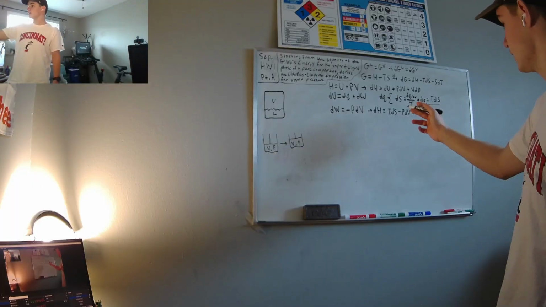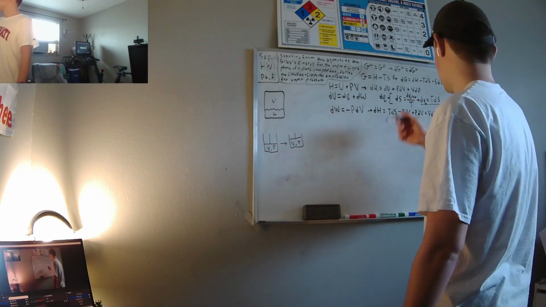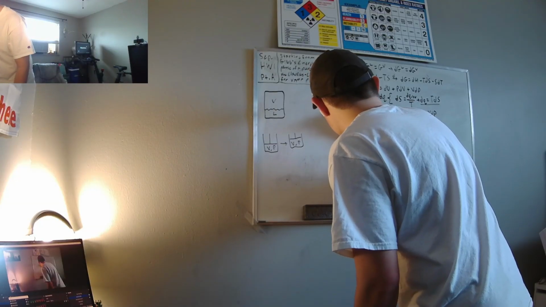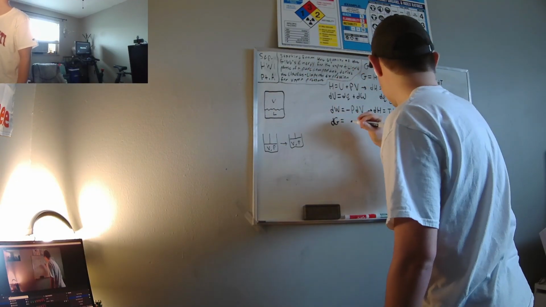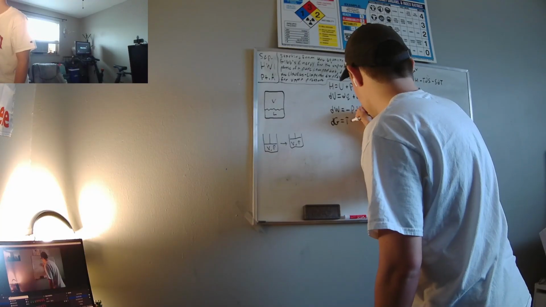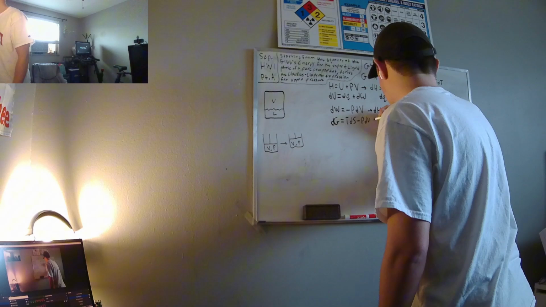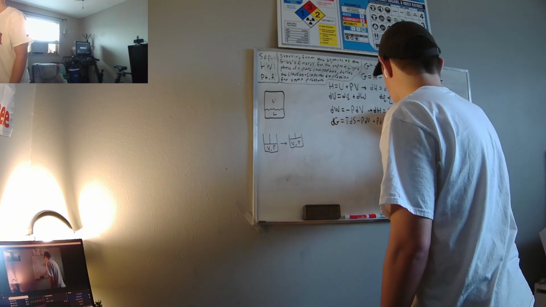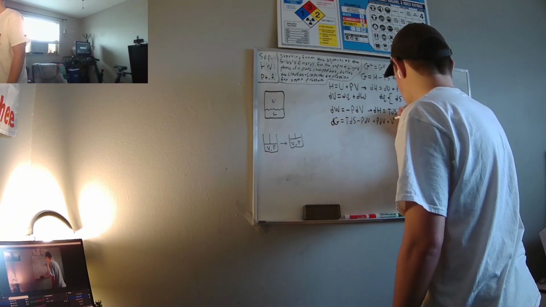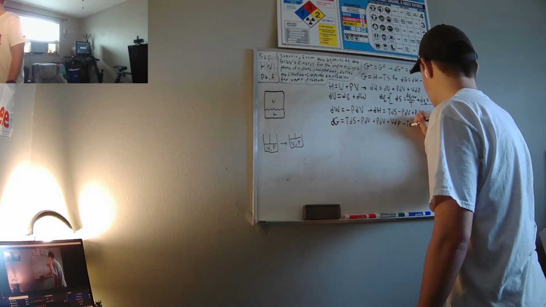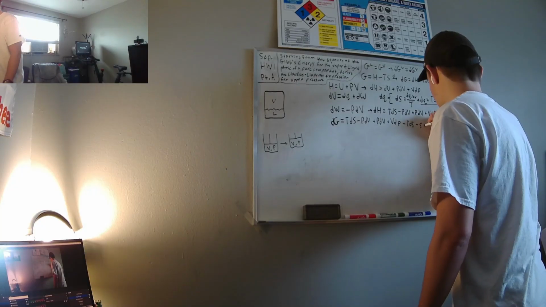And then subbing this into our total Gibbs energy relationship, we get dG equals TdS minus PdV plus PdV plus VdP minus TdS minus SdT.